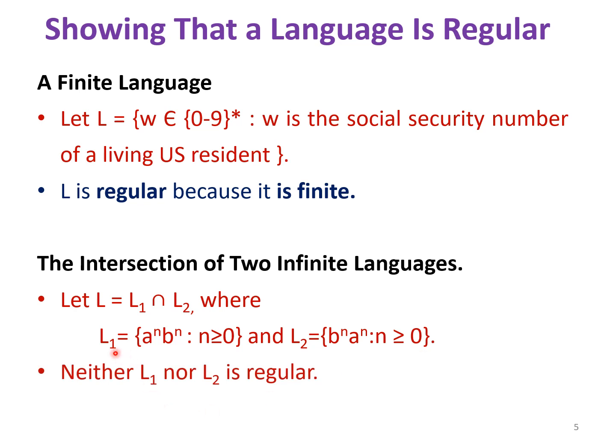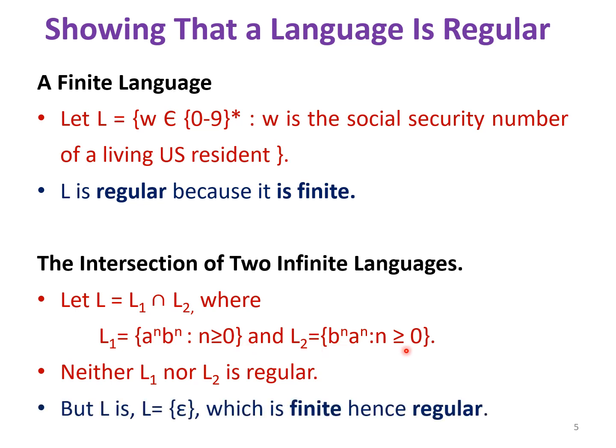We already know that neither L1 nor L2 is regular, but the intersection L = L1 ∩ L2 = {ε}, which is finite, hence regular.